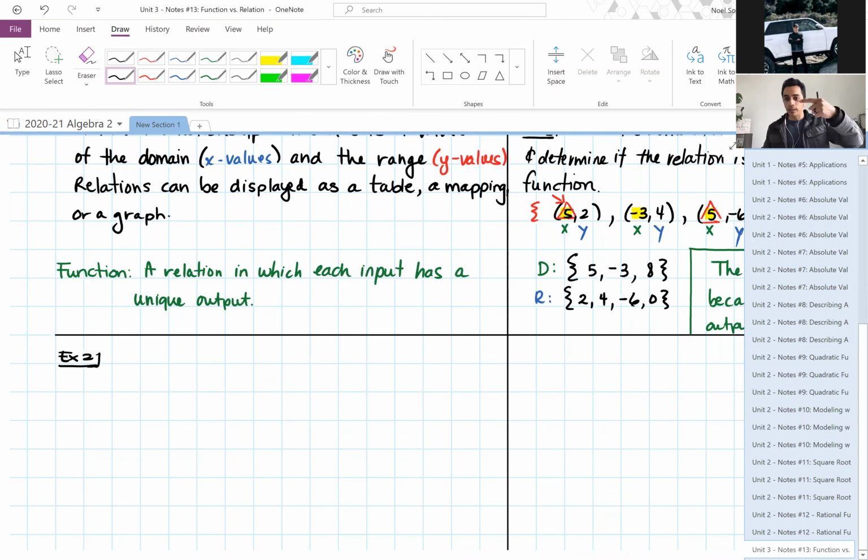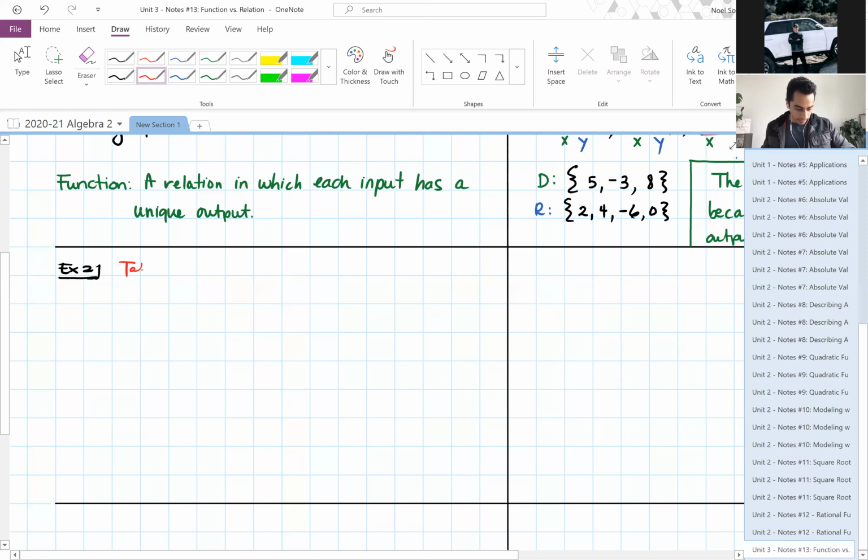So like 5 comes in and we don't know whether to go to 2 or to -6. That's a problem. But if 5 goes to 2 and then 7 goes to 2, that's okay, because the X, the input, did not repeat and it didn't go to separate values. I'll show you what I mean because it comes up.